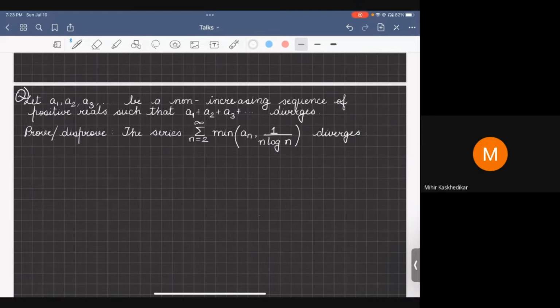Any subsequence of the partial sums would diverge. Oh yes, subsequence of partial sums diverges. Yes, you're right. But here we won't get partial sums because we will skip terms. Right? Yes.